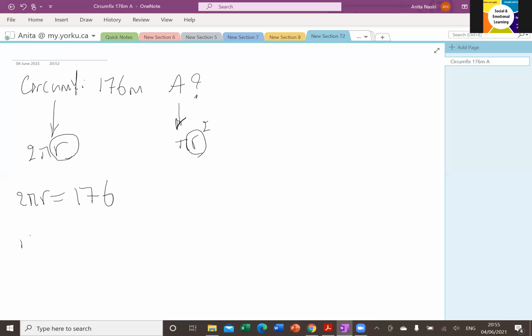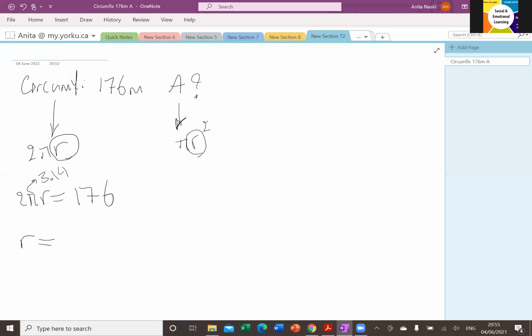Now, I suppose maybe you have a calculator on you. Can you calculate r for me? What would be the r? Well, this is the equation: 2 pi r is 176. Knowing that pi is just 3.14 and it has continuation, but 3.14 is just enough for us. Now, what would be the length of r?